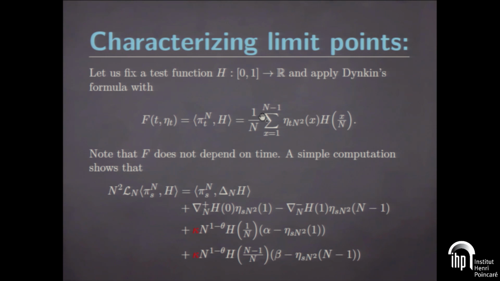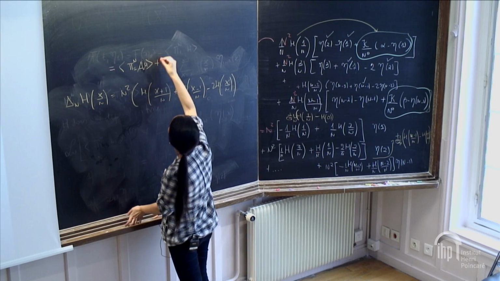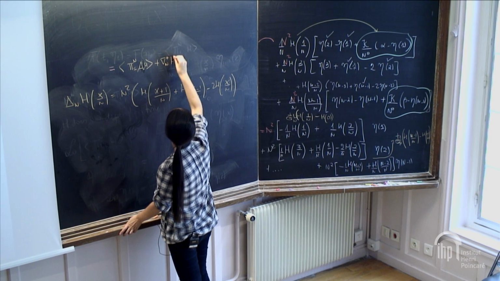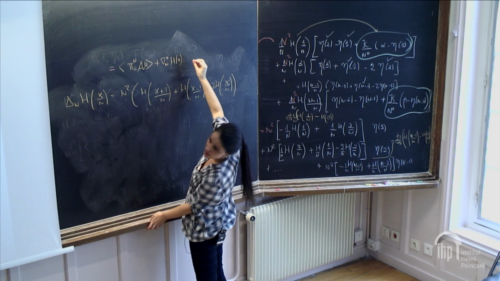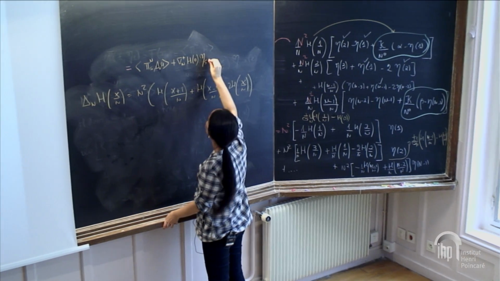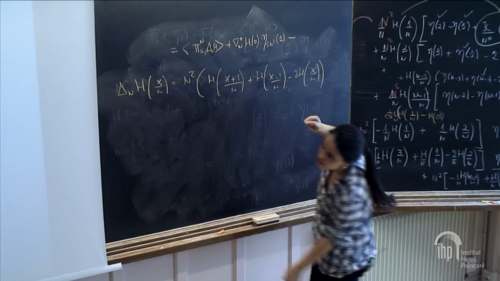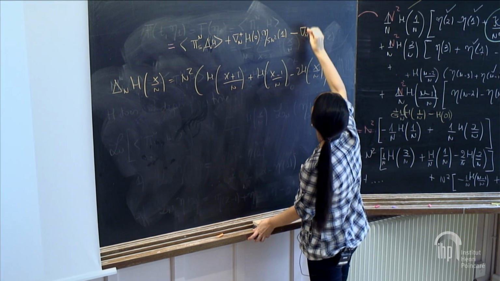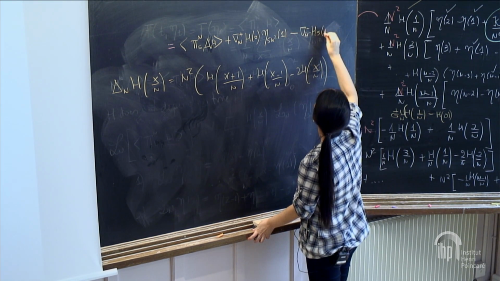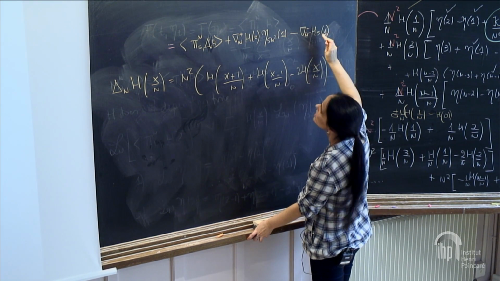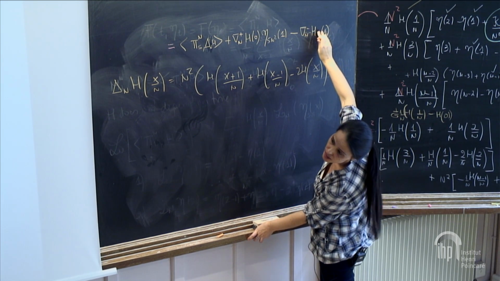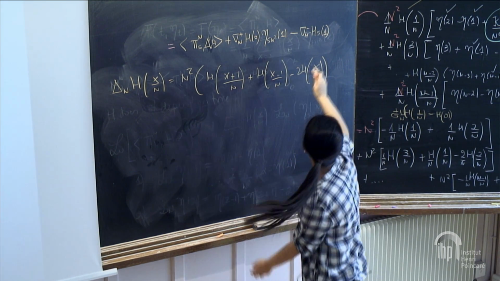So now, okay, maybe I write the full expression. So dt is plus the gradient at h0, eta s n squared at 1 minus h at 1. Okay, my h does not depend on time. True, okay.